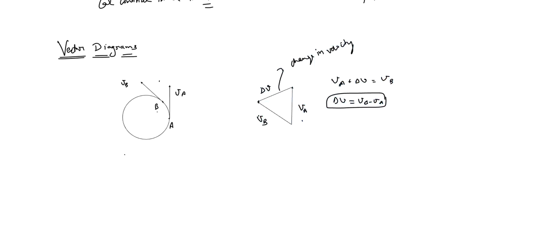And if I consider this change in velocity and shift it nearly to this side, you will find that it will be acting toward the center. This change in velocity will be acting toward the center, right? We know that the direction of change in velocity and acceleration is the same, right?